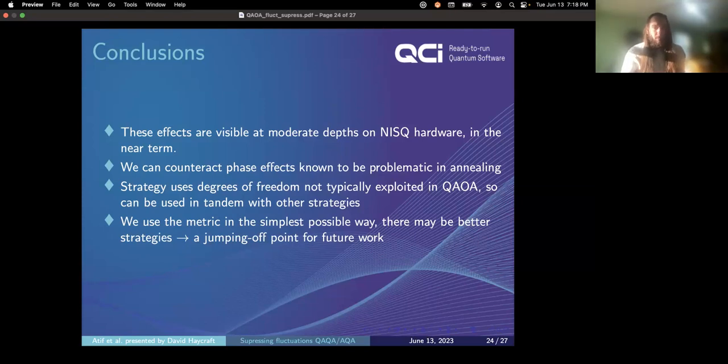And we don't really know why the suppression strategy underperforms the unmodified version on the random QUBO case and other problems. It's not clear, so that would be an interesting jumping off point for future work.